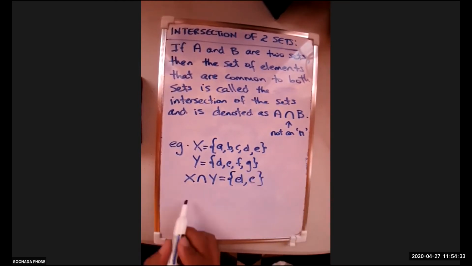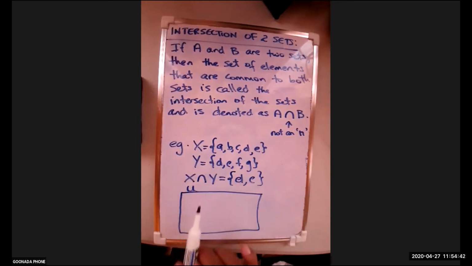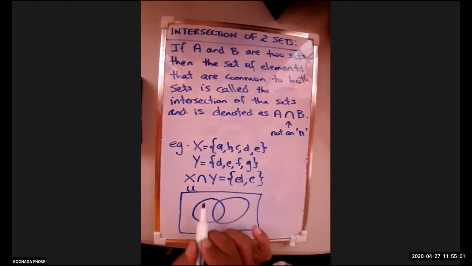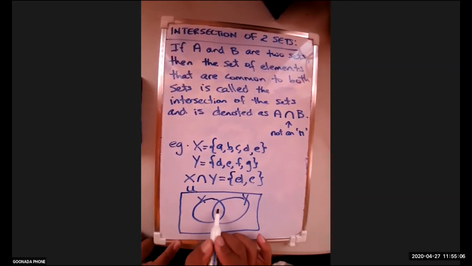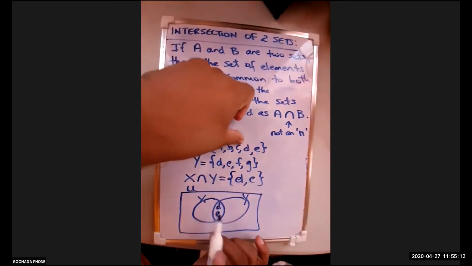Now, if we were to draw this in a Venn diagram, of course, you know the Venn diagram, this represents the universal set. So we write U. There are two sets, X and Y, and since they have something in common, the circles will be drawn as two connecting circles. So please pay attention to how you draw a Venn diagram for intersection. We draw a circle here, and we draw a next circle here that joins with this. So this one is called X, and this one is called Y. What they have in common goes in the middle here. So D and E. Whatever remains in X is A, B, and C, that comes here.